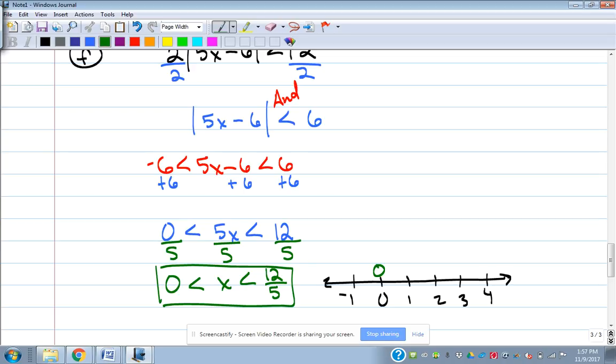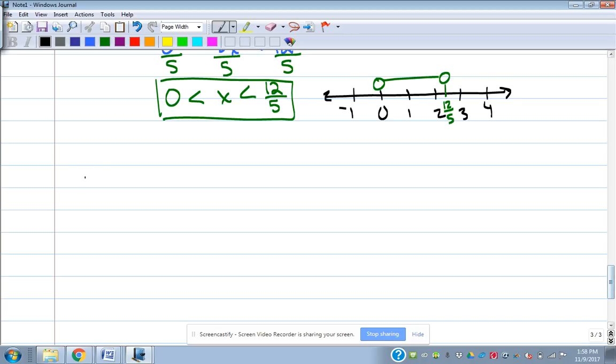How many times does 5 go into 12? 2 times with the remainder of 2/5. 2/5 is pretty close to half, but not quite. About right there. 2.4. Open circle. So close to half, but not quite. Answers are in between. Okay.